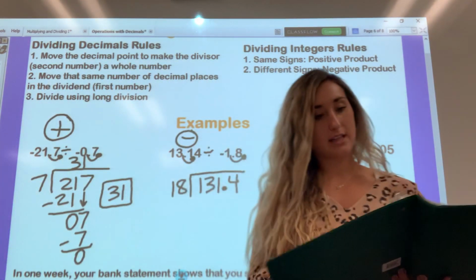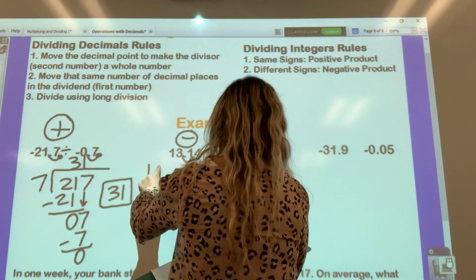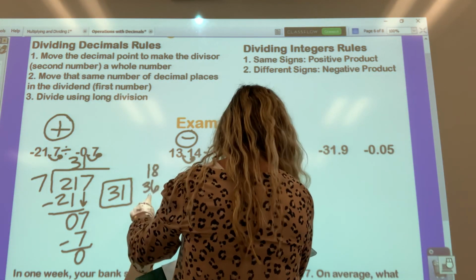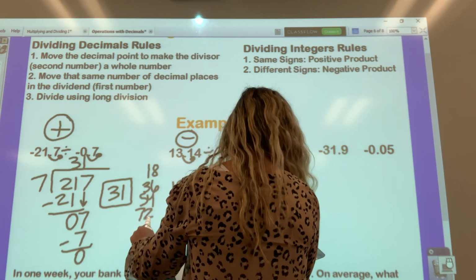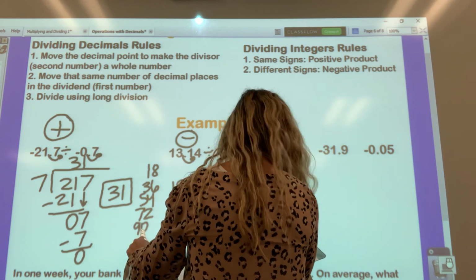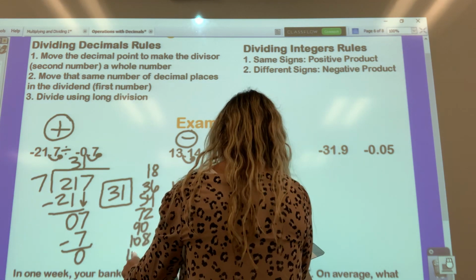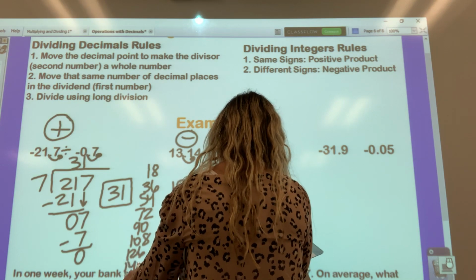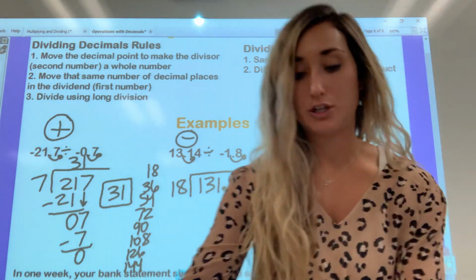I looked that up earlier and found that it is 18, 36, 54, 72, 90, 108, 126, 144, and you might need more, you might need less, but that's what I'm going to go to.